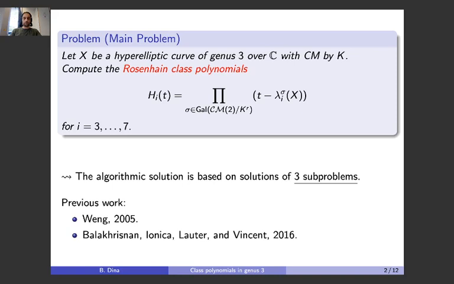I will split this problem into three smaller subproblems, which I will introduce in a couple of minutes. We should mention that there is some previous work in this area, which was done by Weng in 2005 and followed by Balakrishnan, Ionica, Lauter, and Vincent in 2016.